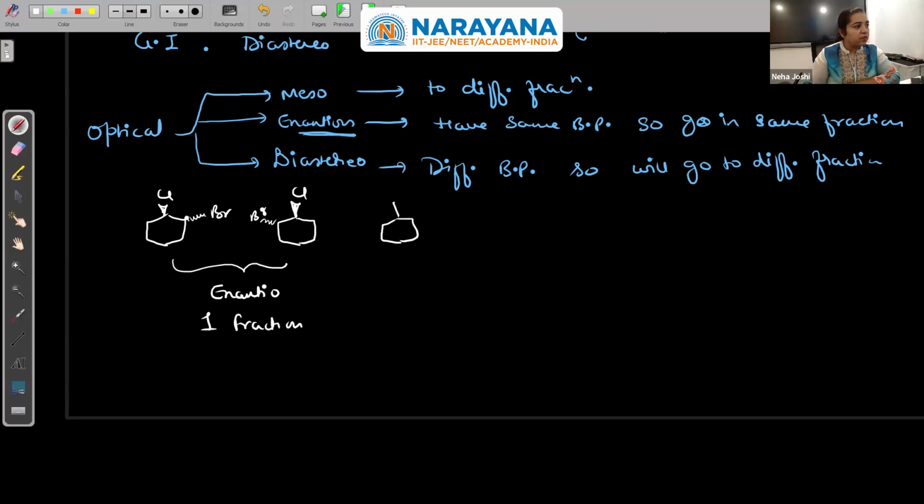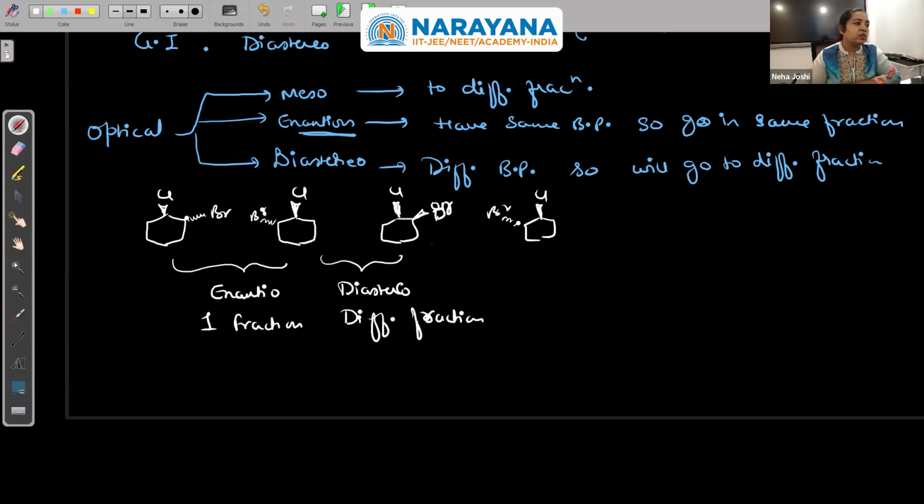But if I have chlorine and bromine like this, these are diastereomers, so different fraction. Clear? And if I take chlorine and bromine here, this is again enantiomer, so same fraction. So total, how many fractions out of these 4 given?